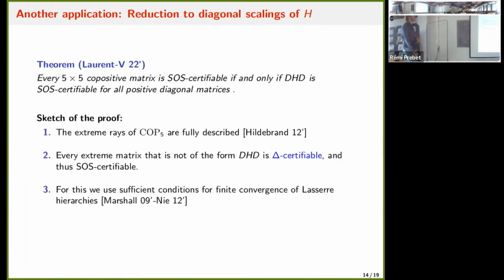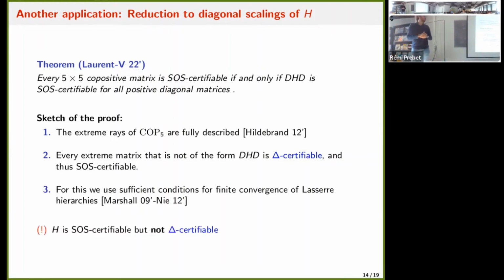And for this, we use a characterization of the extreme rays of the copositive cone of size 5 that were fully described by Hildebrand, a remarkable result. In that case, every extreme matrix that is not a diagonal scaling of the Horn matrix is delta certifiable, we can show that, and therefore SOS certifiable. And for this, we use the sufficient conditions by Marshall.